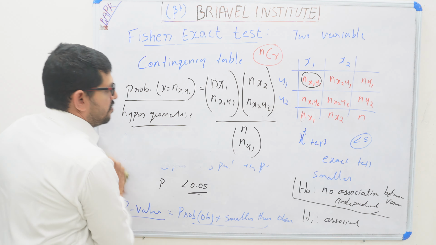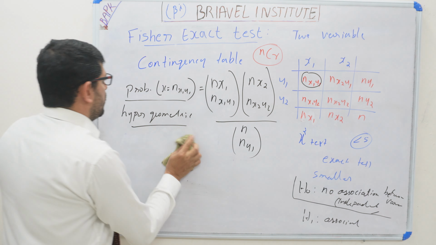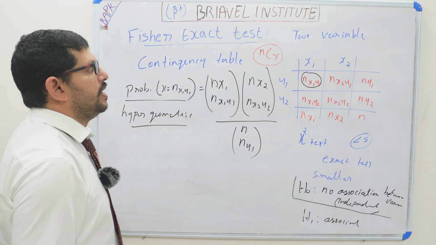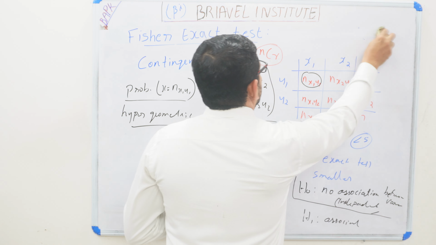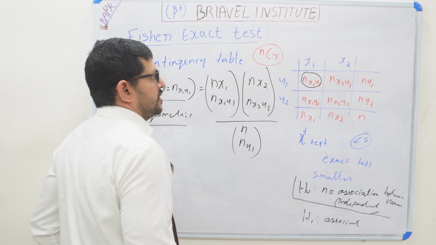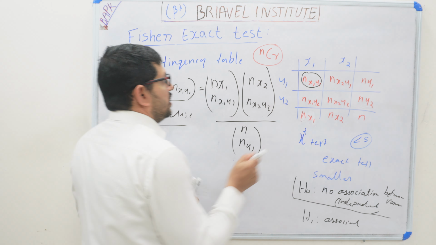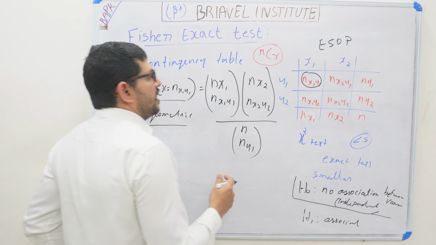We can take an example to understand. In a company, we have issued share options, ESOP. We issued the ESOP for senior grade and junior grade.